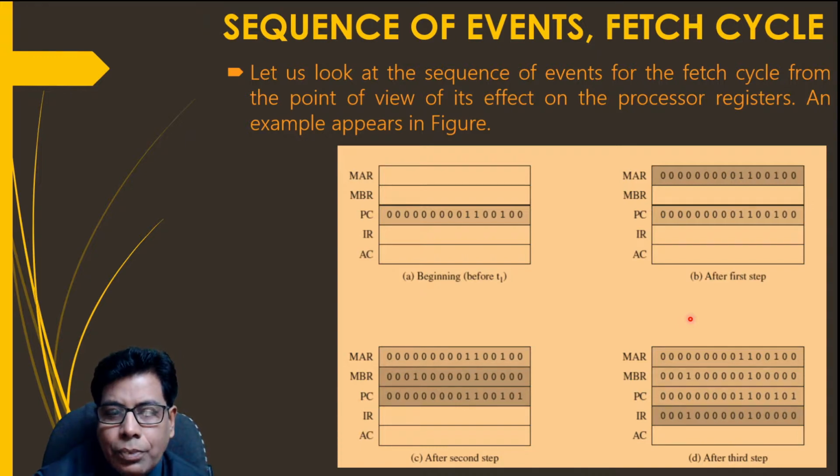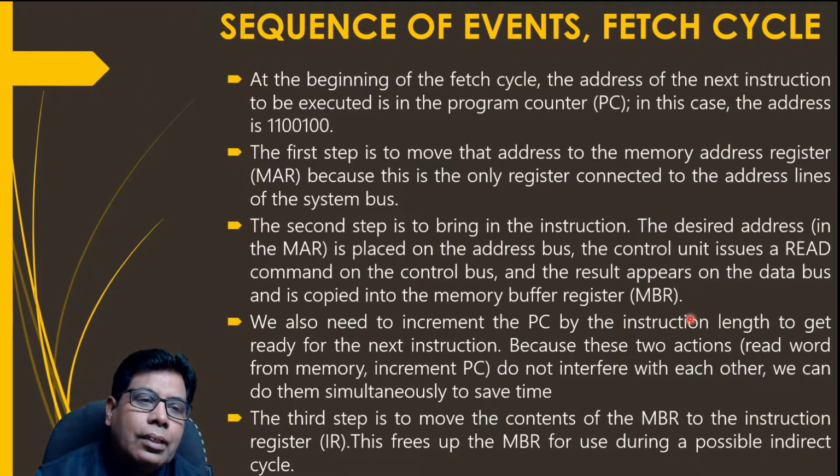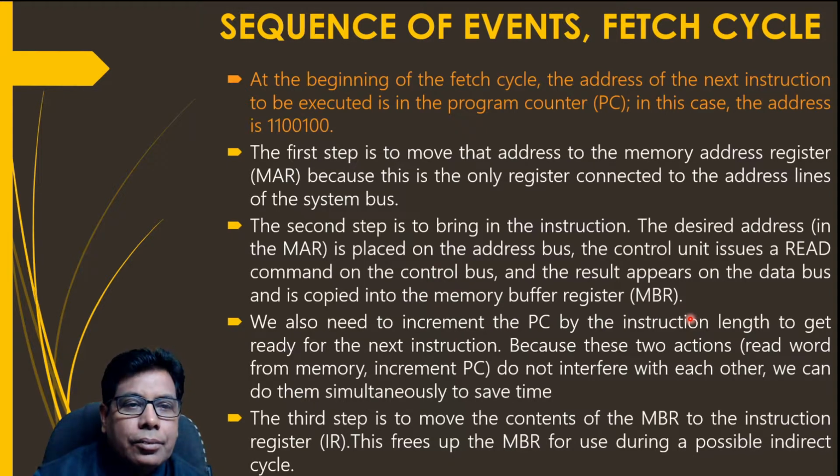Now let us go further. The sequence of events we have discussed is given here. First, the PC will have the address of the next instruction to be executed. Here we are assuming it is 1100.